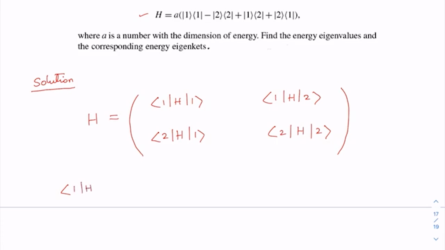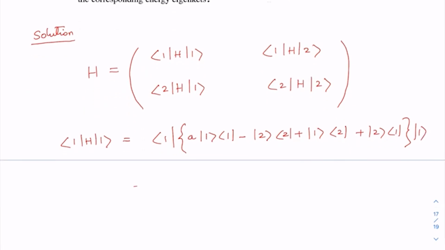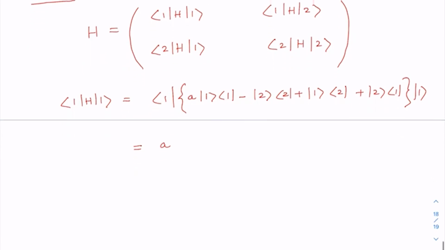For example, <1|H|1> would be: you have <1| here, the Hamiltonian A(|1><1| - |2><2| + |1><2| + |2><1|) and then |1> here. So as you can see, this will simply give you A, because |1> and |2> are orthogonal to each other.